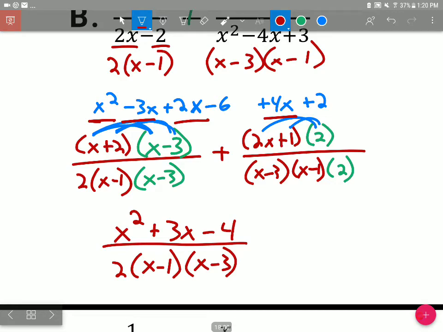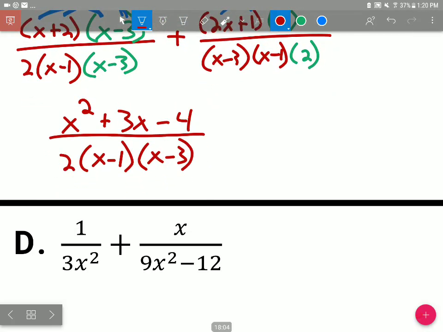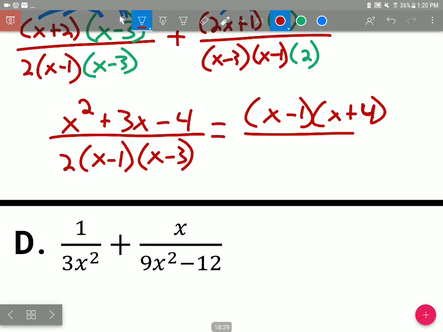The last step is reduce if you can. So let's do this. This is alone. So does anything multiply to -4 but add to 3? 4 and -1. So your two factors would be x minus 1 and 4. Because they multiply to the -4, add to the 3.